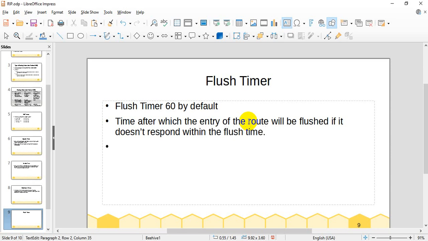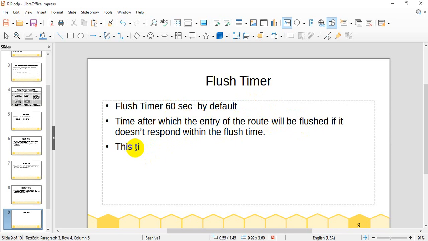Okay, and the default flush time is 60 seconds. The time after which the entry of the route will be flushed. Okay, 60 is the default time to be flushed if it doesn't respond.